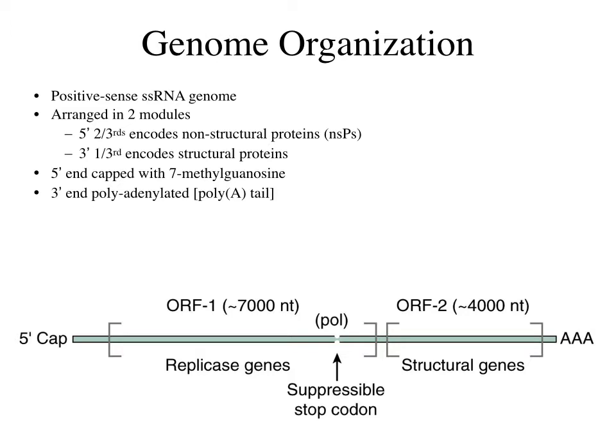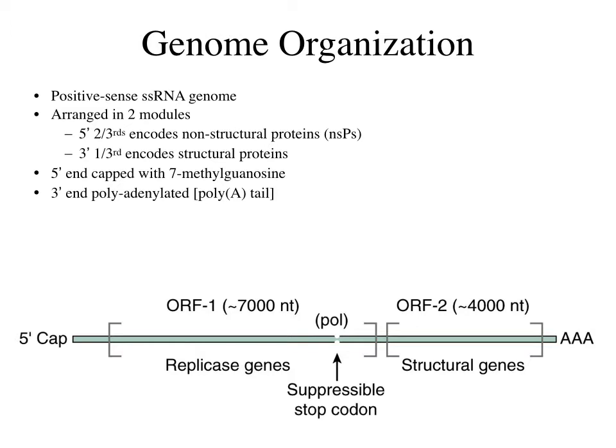At the 3' end of the RNA is a poly-A tail. The negative-sense RNA of the replication intermediate is neither capped nor contains a poly-A tail, so we only see that in the genomic RNA.